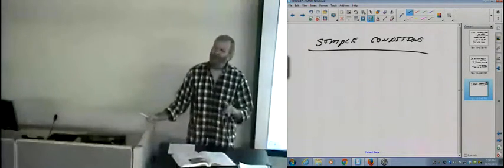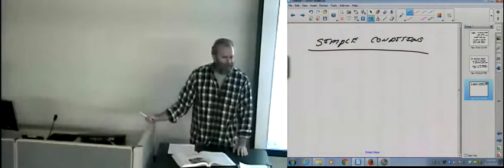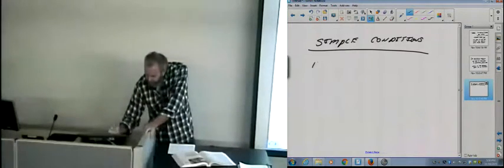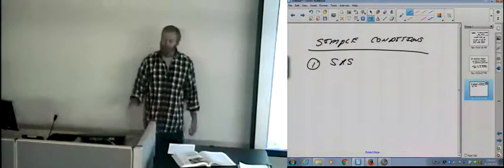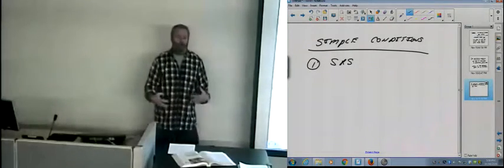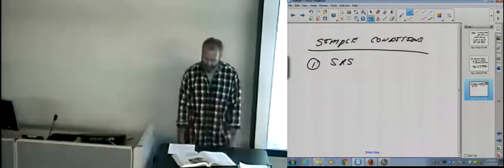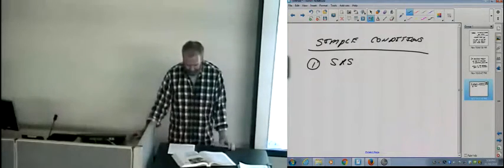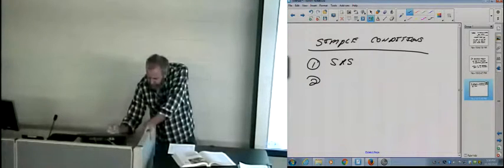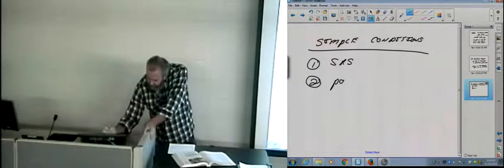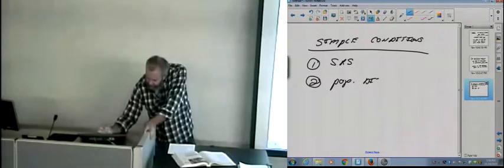Now, anytime I start telling you about conditions, number one is always the same. You had to choose your sample with a simple random sample. Our methods are good for simple random samples. Number two, the population distribution.